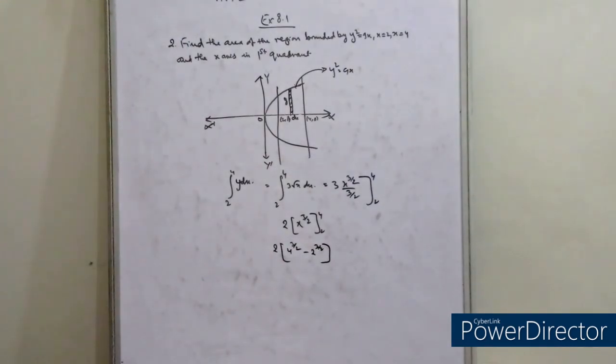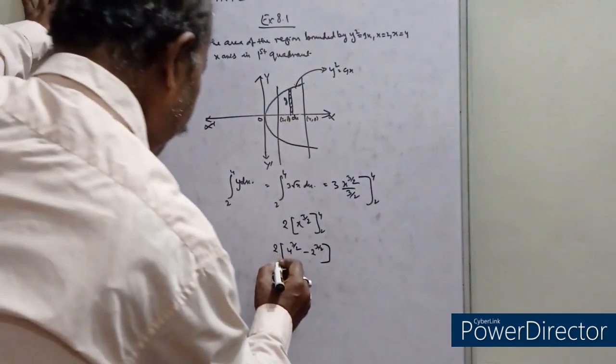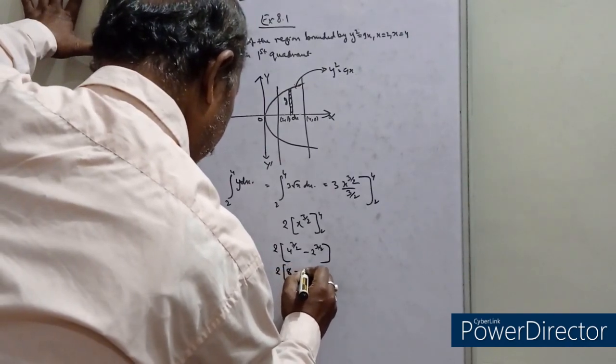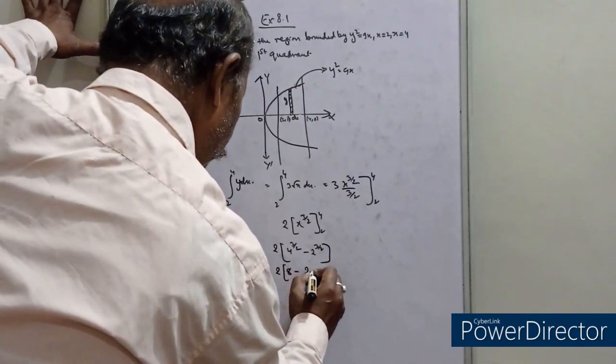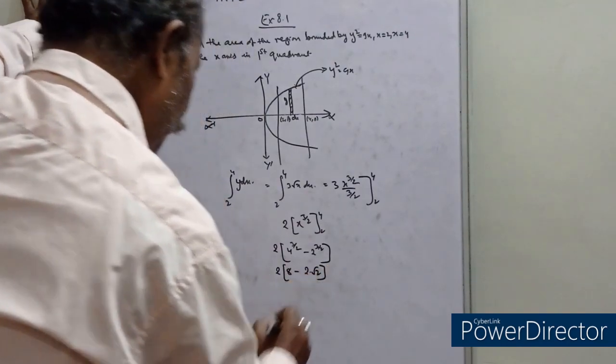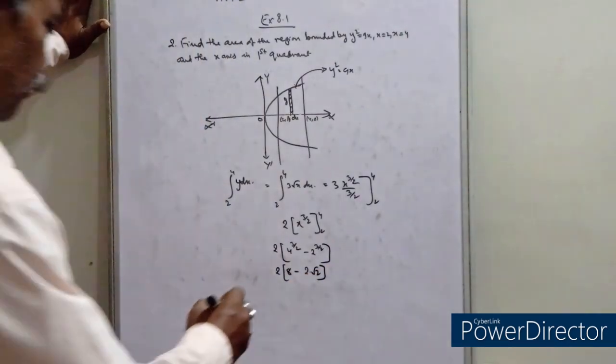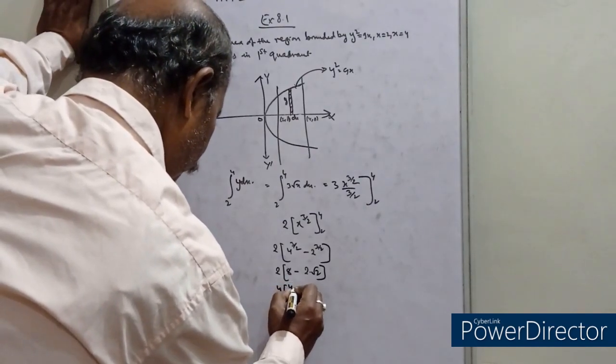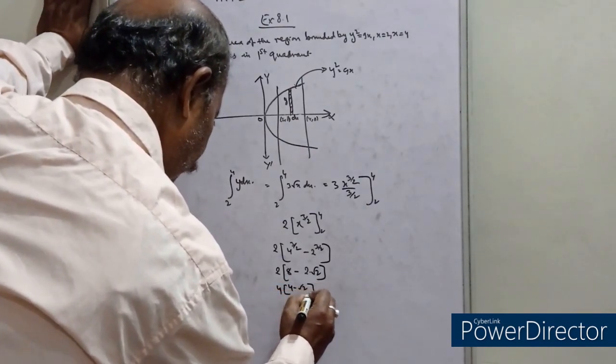Now 4 means 2 square, so this will be 2 to the power of 3, that will be 8, and this will be 2 root 2. Here I can take 2 common, so this will be 2 times 4, and 2 common 4 minus root 2. This will be your answer.